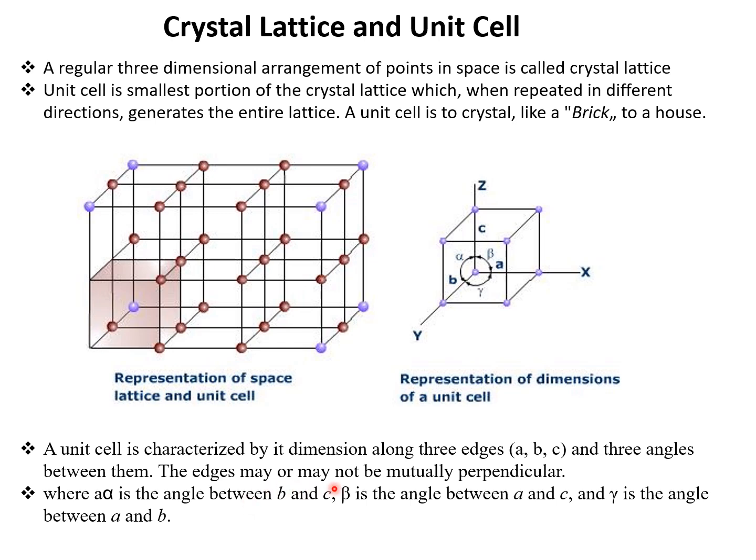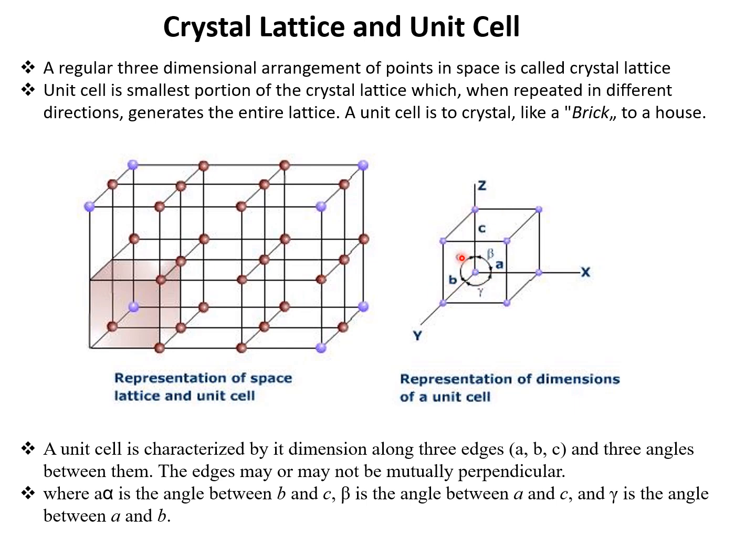The edges may or may not be mutually perpendicular. Where alpha is the angle between B and C, beta is the angle between A and C, and gamma is the angle between A and B. I'll repeat, alpha is the angle between B and C.